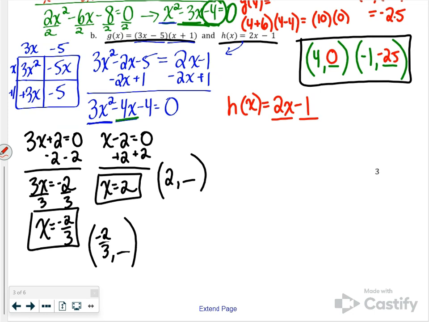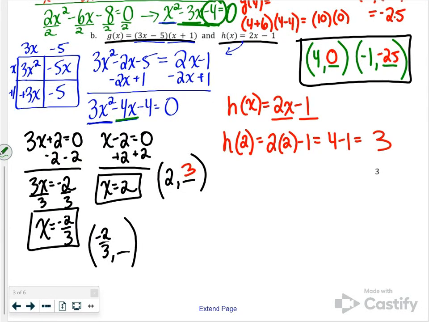So I'm going to put the x value of 2, sorry, that's not f, that's h. So h of 2 equals 2 times 2 minus 1, 4 minus 1 equals 3. So that means that we have 2 comma 3.